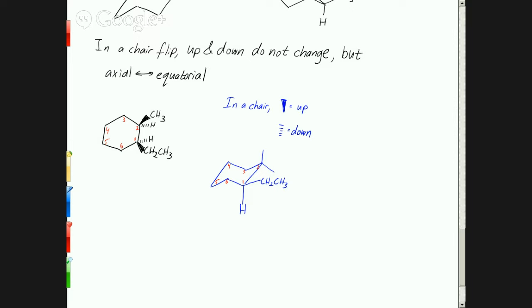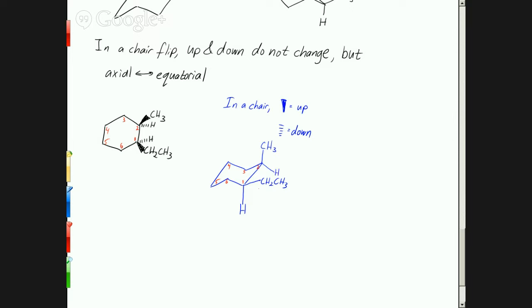So then how would you fill in number 2, the next carbon over? Okay, so the axial is going up on this one, so what should we put up there? Right. So that's going to get the CH3, and this is going to get the hydrogen.